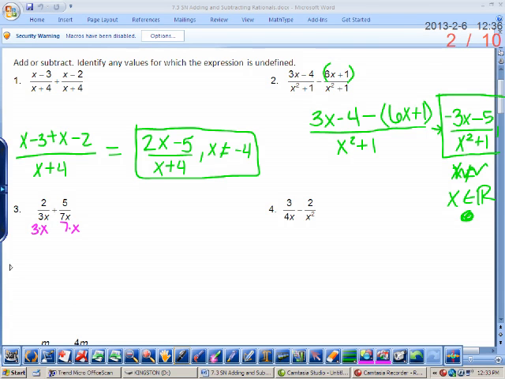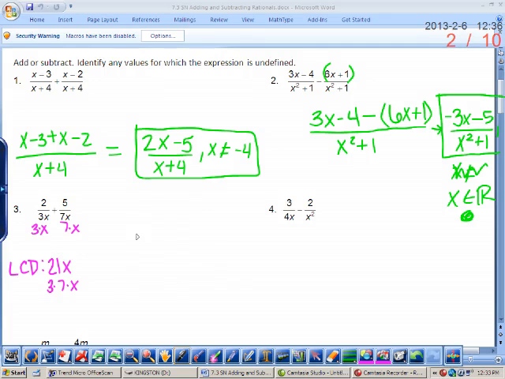Now, when you come up with your LCD, each factor must be represented. So what do you think our LCD is going to be? 21. Just 21? Times x. Good. It's going to be 21x because it's going to be 3 times 7 times x. Each x is only represented one time in each denominator, so you don't have to do anything like x squared.